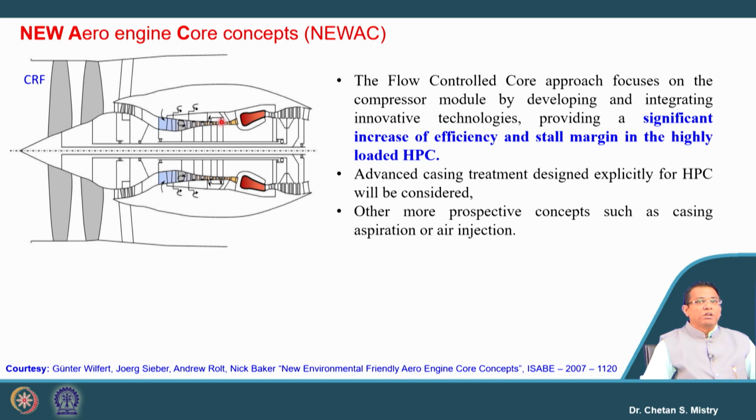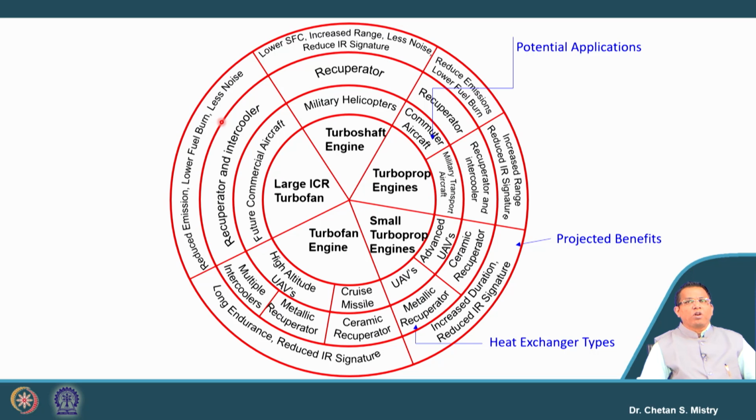So these are the projects the European Union is currently exploring for a special purpose, for commercial engines, as well as for military purposes. So let's try to understand what we are discussing currently. We have our engine requirements: turbofan engine, at the same time large turbofan engine, turboshaft engine, turboprop engine, small turboprop engine.